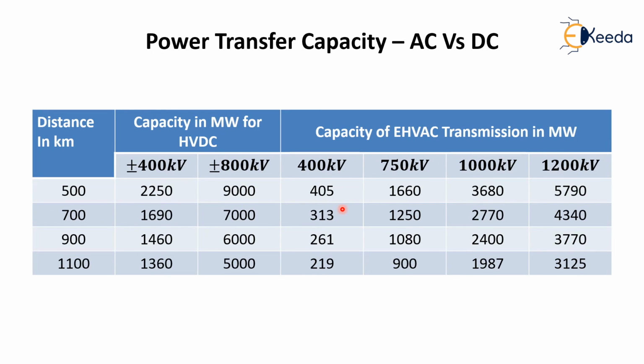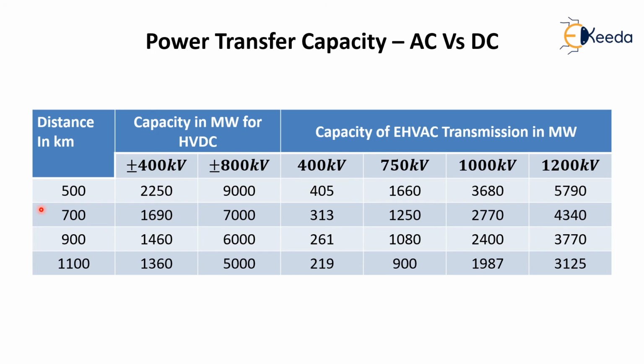And here comes the power transfer capacity of AC and DC. This tabulation will give you a clear picture of how, based on the distance, the capacity in megawatts for HVDC is different from the capacity of HVAC transmission. Let's take a few examples.